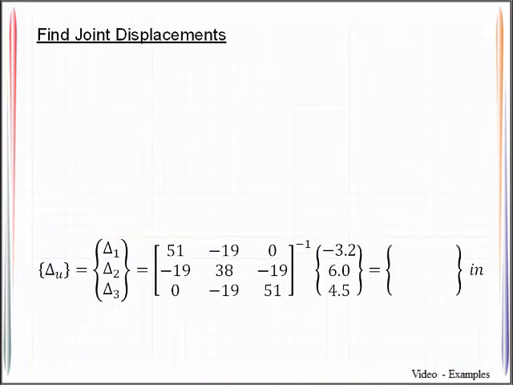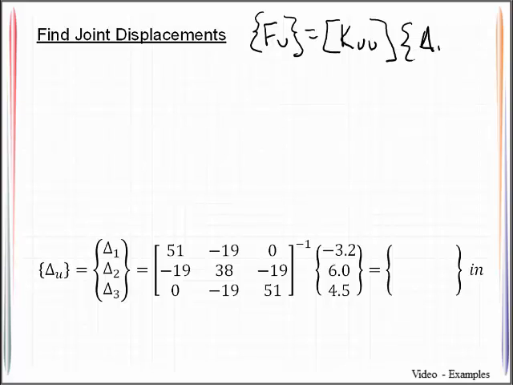In fact, that is the next step that we need to do. We've got this basic matrix formulation that says the force is equal to the stiffness multiplied by the displacement. Notice how that is written all in terms of the unrestrained degrees of freedom. I can then rework that so that I can solve for my unknown displacements.